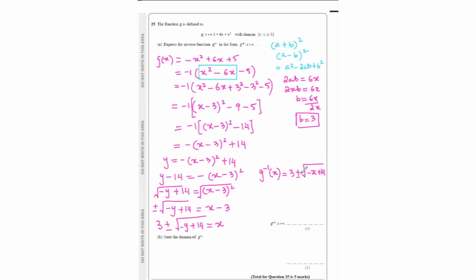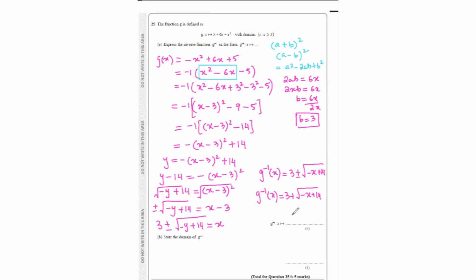I'm going to take the positive one, not both, because if we look at the equation, it says the domain is greater than or equal to 3. So if we take minus over here, then it's going to be 3 minus, so then it's going to be less than.